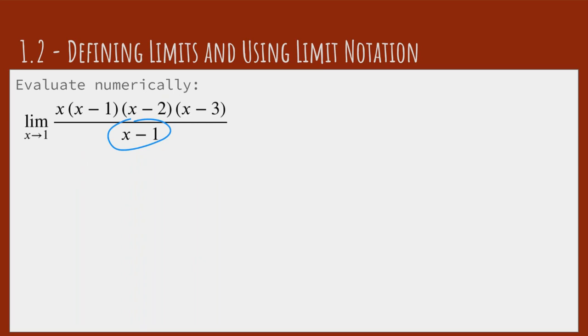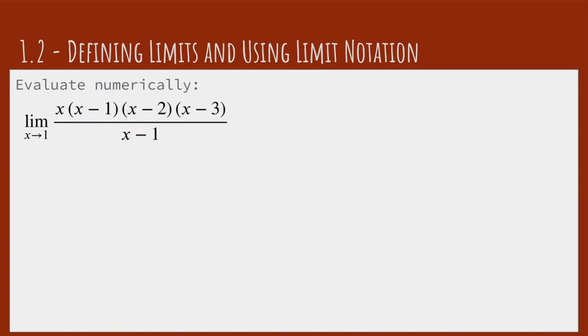If you remember from a pre-calculus class, when we get 0 in the denominator, we're going to see one of two things. Usually we're going to see a hole in the graph, or we're going to see a vertical asymptote. In this case, we're going to see a hole because we also have that x minus 1 in the numerator.